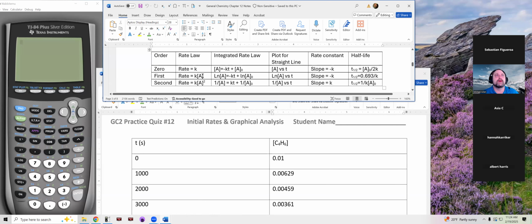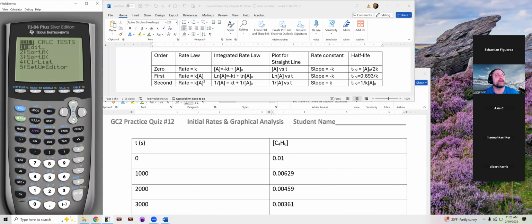If it's first order, if I double the concentration, I'll double the rate. If I halve the concentration, I'll get half the rate. But what's key for us is what's needed for a straight line. So these things that say something versus time, notice these are all versus time. So these are our X values. I'm going to go ahead and set this up to do a bunch of graphing.